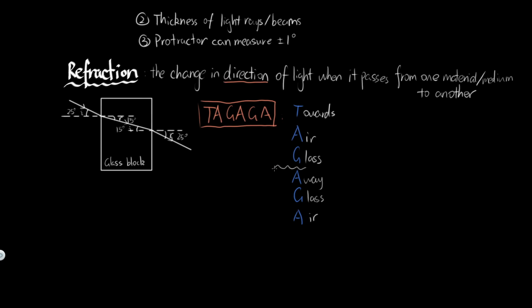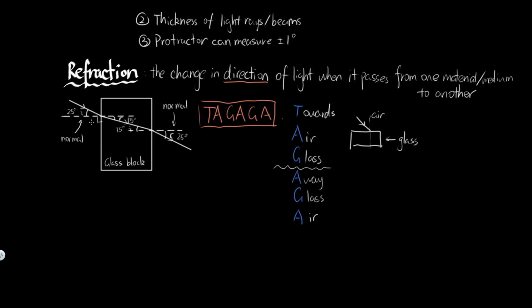So basically, it's describing two situations. If you have a light ray shooting from air to glass, basically it's gonna be towards, and we're talking about towards and away from the normal. So let me just point that out here. This is a normal. Remember that a normal is just a perpendicular line to the surface of this glass block, at the point which the ray hits the glass block.